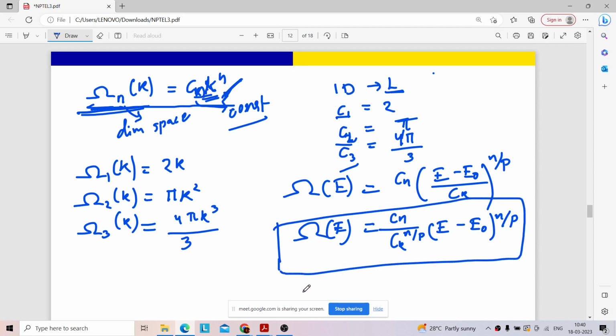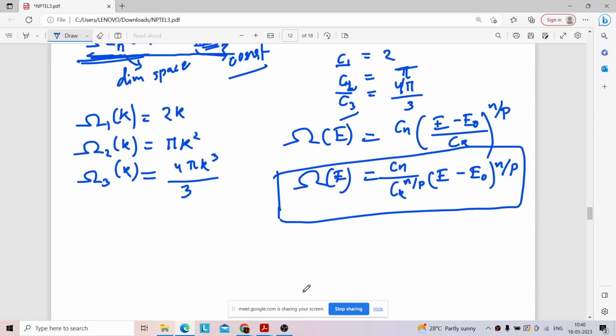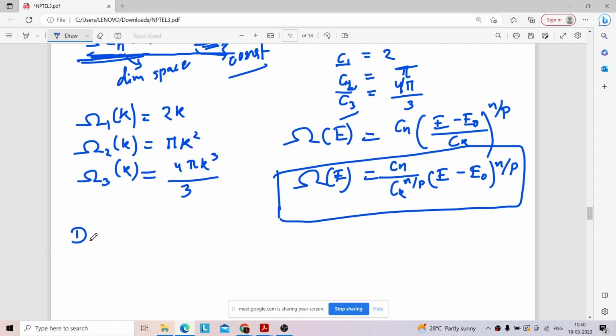Now let's calculate the density of state. As I said, this density of state can be written as a differentiation of this volume, d gamma over dE. So what will be the general form for density of state?